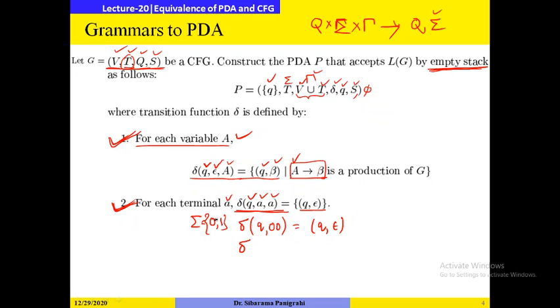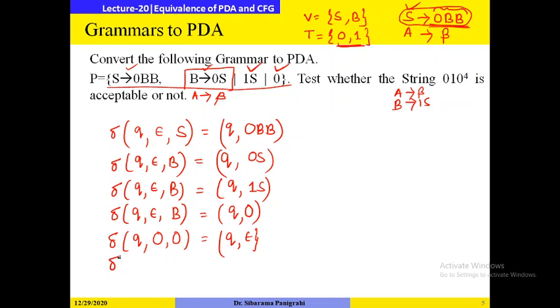Then for 1 I have to write delta of q, 1, 1 equals (q, epsilon).